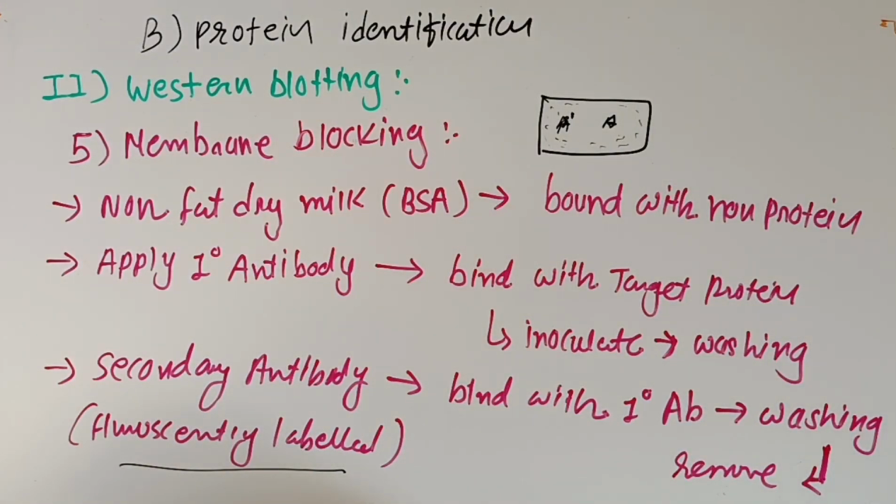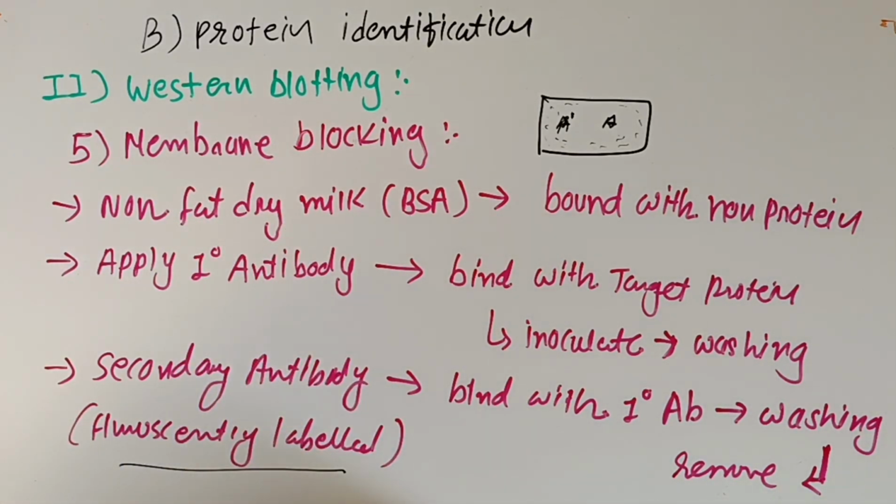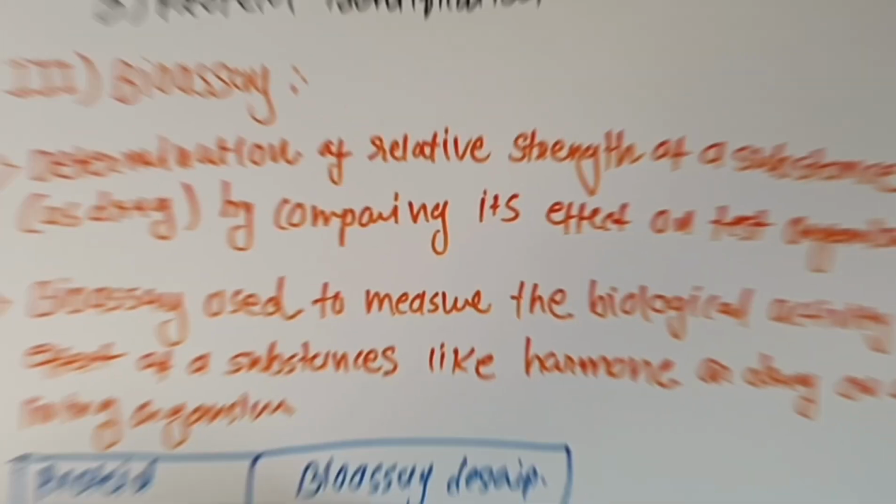After that, at the end, washing is applied, and at the end we have the specified target protein. So by using this Western blotting technique, we get a purified or target protein which we have to isolate from the sample. So this is the application of Western blotting.